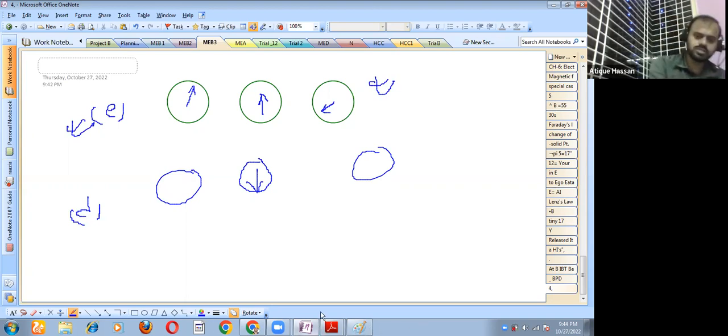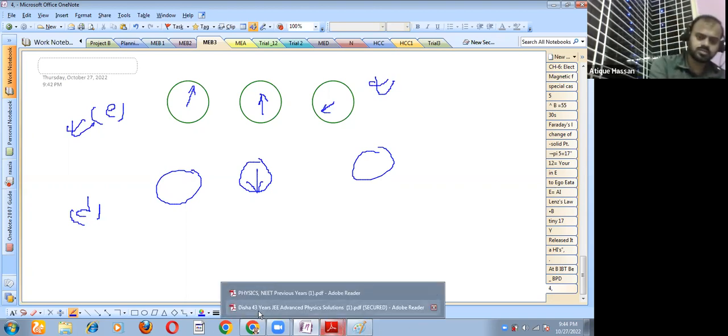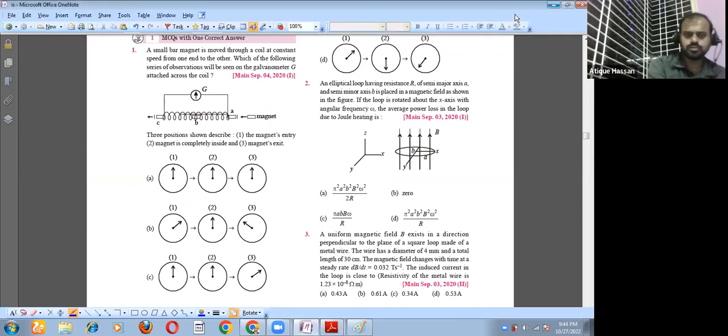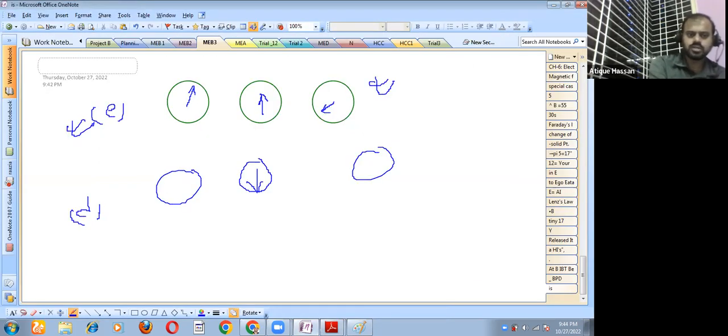You're saying B is correct, right? So your answer B is actually correct. But suppose in place of D, this is given in the question.